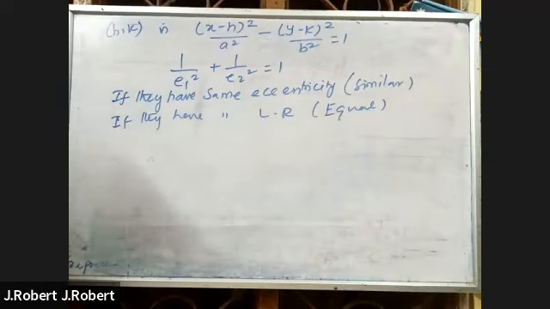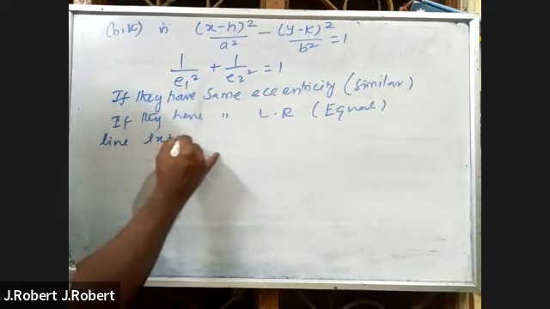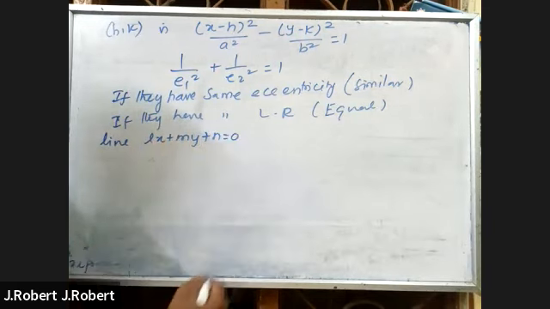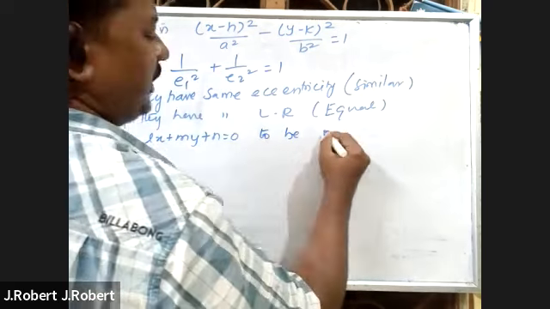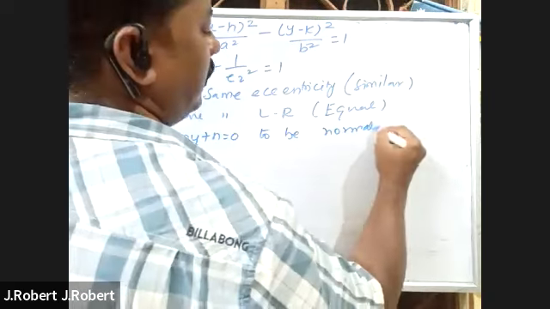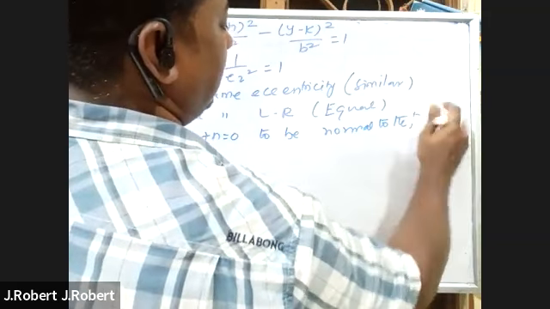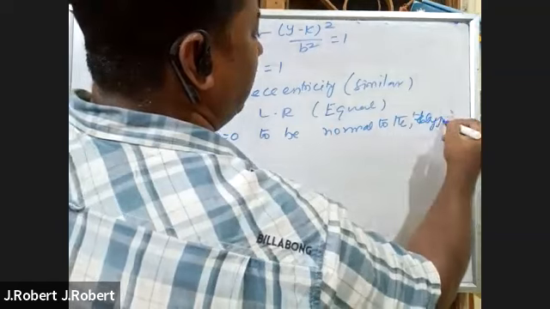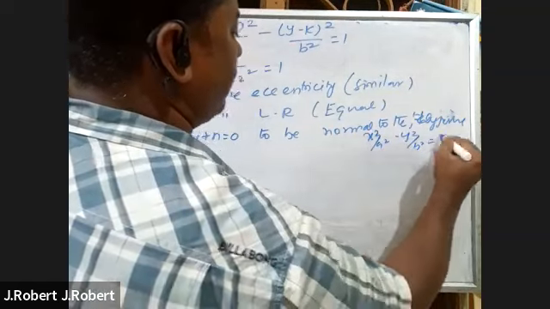Last result in hyperbola: the line lx plus my plus n equal to 0 to be normal to the hyperbola x square by a square minus y square by b square equals to 1.